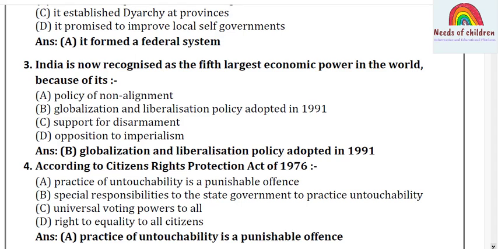The right answer is option B, globalization and liberalization policy adopted in 1991. Students, this question is from political science, India's foreign policy and global challenges. So the first 2 questions are from history, and the third question is from political science.